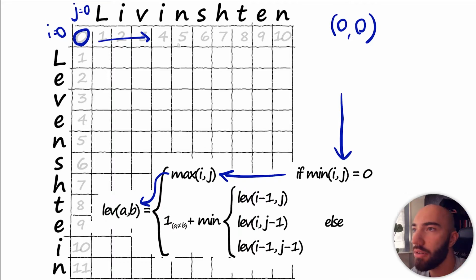And all of these bits I've filled in here, they either have i equal to 0, or j on this column here is equal to 0. So that means you pass it through here and you take the maximum value of either i or j.